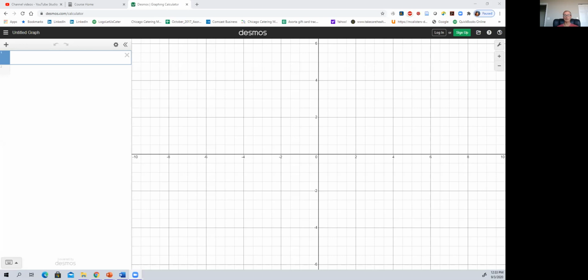The idea of the vertical line test allows you to look at it visually. The concept is that if you draw a vertical line after you graph an equation, and if the vertical line passes through more than one point, it means it's not a function.